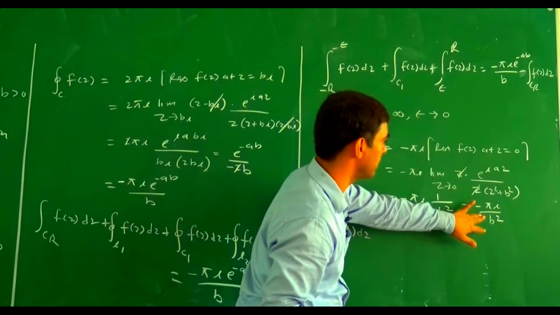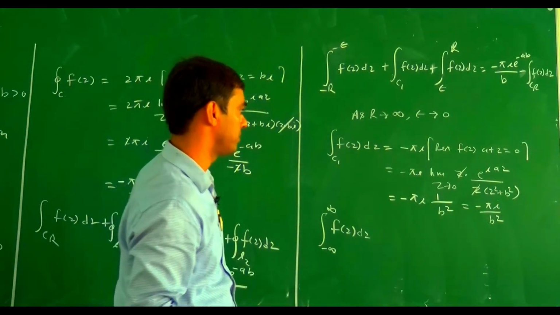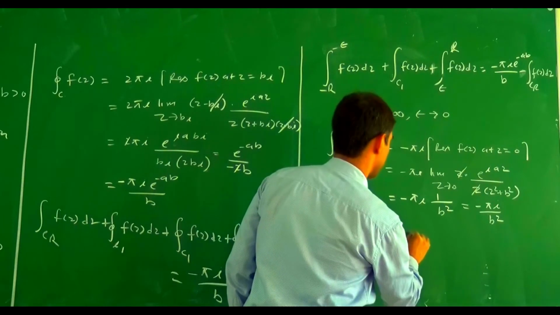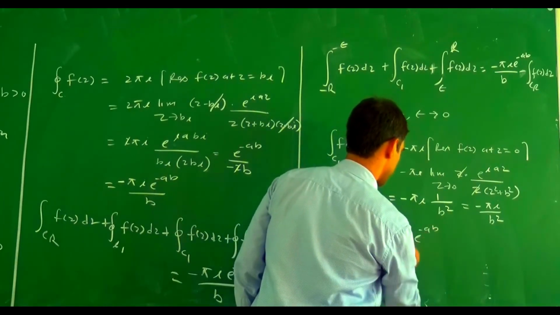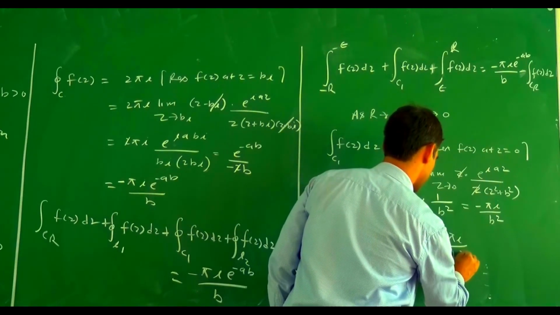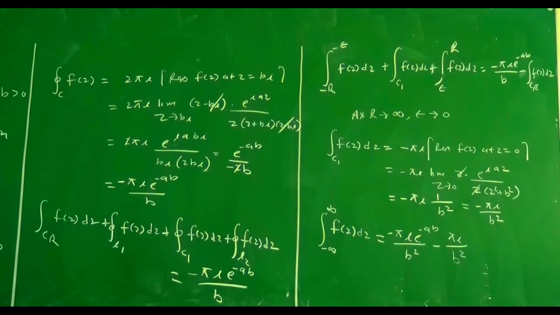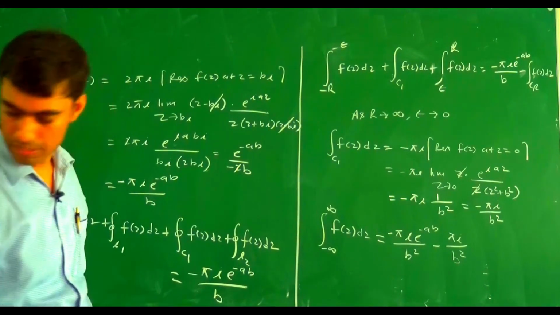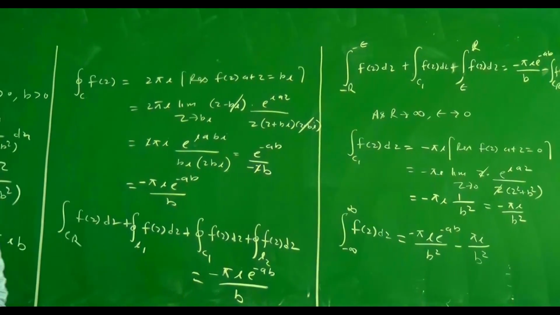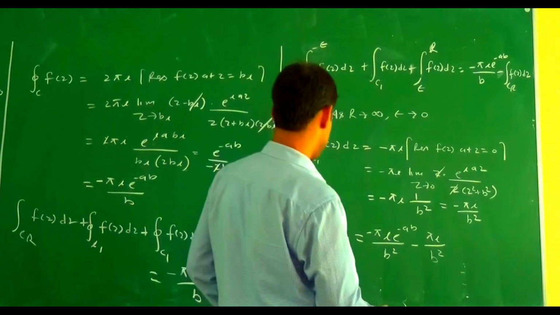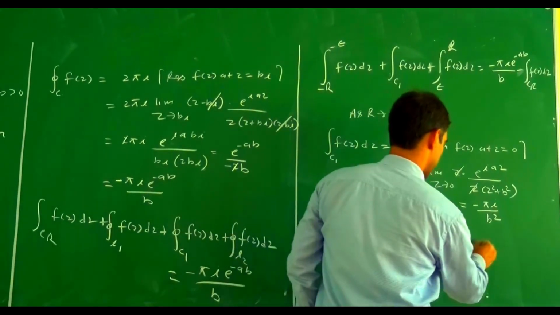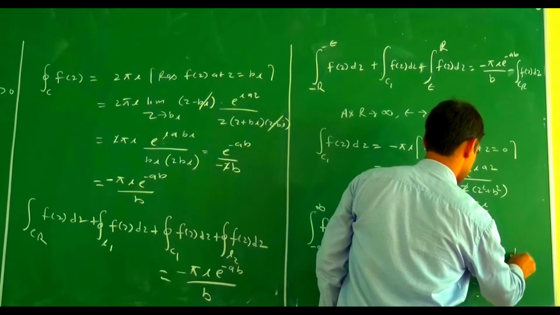Its value is minus pi i e to the power minus ab divided by b squared, minus pi i divided by b squared. Moving this to the right-hand side, we also have minus the integral over CR of f(z) dz.